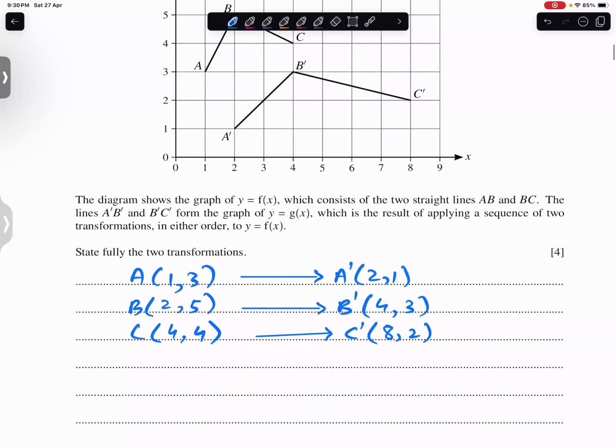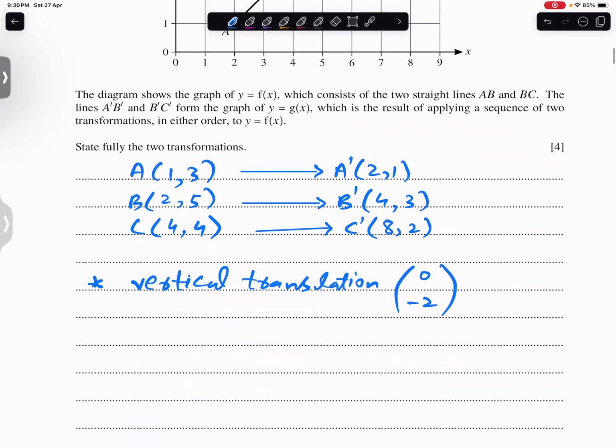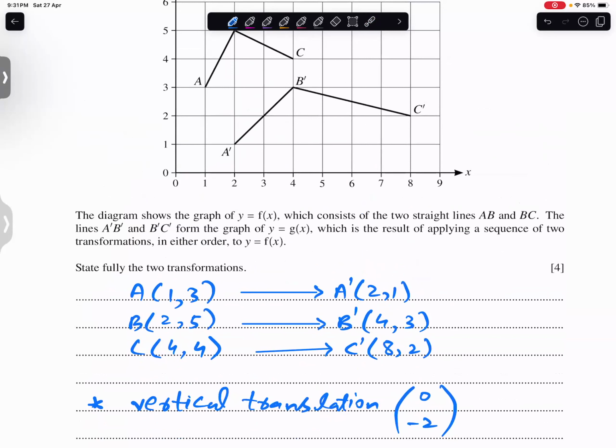So the first transformation is a vertical translation by the vector (0, -2). Now we will see the stretch in both the x-axis and y-axis direction.